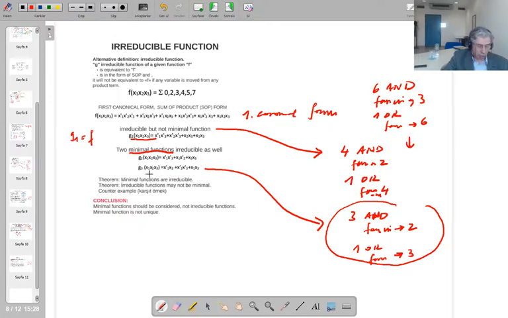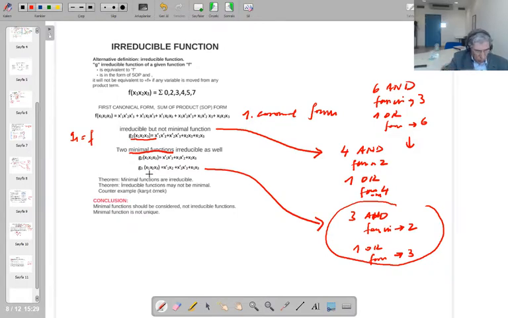So the conclusion: we've got to find the minimal functions, not the irreducible functions, but these minimal functions that we're going to find are going to be irreducible as well. So if you find an irreducible function, not the minimal function, this is not the one that we are looking for.